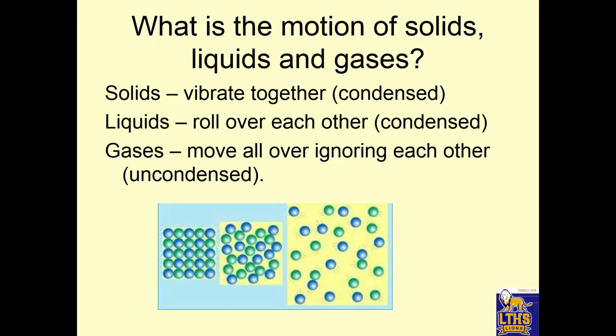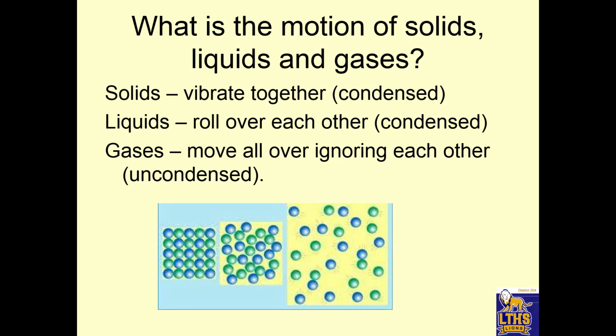Anyway, if all things are made up of tiny particles in constant motion, then that means solids, liquids, and gases are made up of tiny particles in constant motion. So, solids, how are those particles in constant motion? Well, they're mostly vibrational motion, and those are condensed particles. So they're close together, but they're always moving vibrationally.